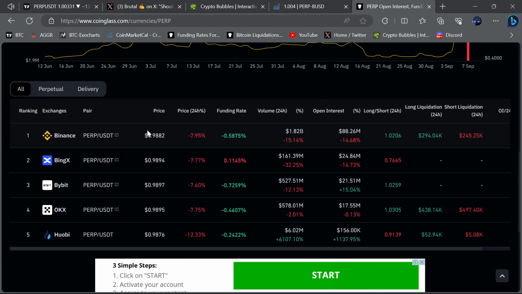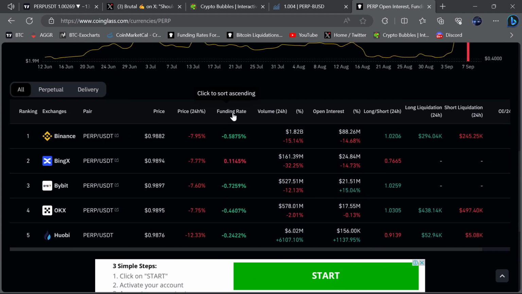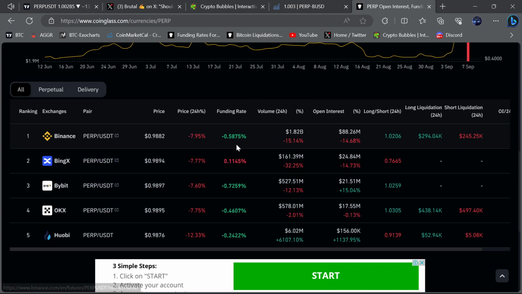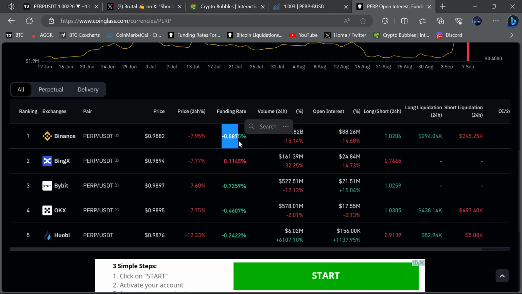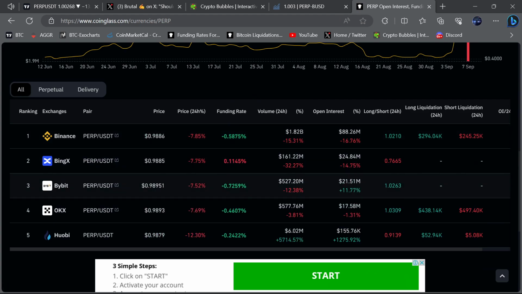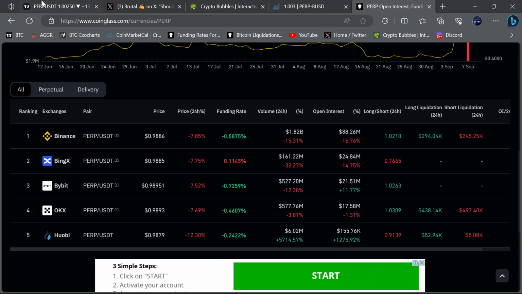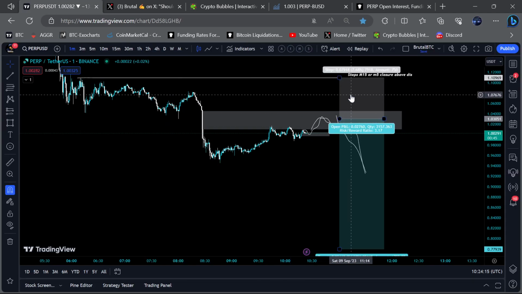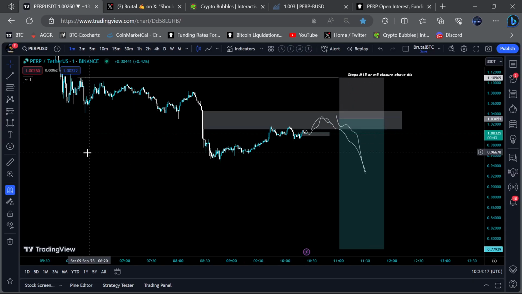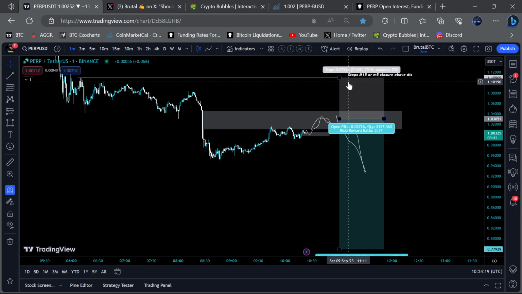Next, just look at the price, the funding rate. Now perpetual 0.58%, minus 0.7%. A lot of people on Bybit are shorting this coin, so probably a wick to the upside, that might be even a wick above this one, but do not close the trade until it basically stops you out after a 5-minute or 15-minute closure above this.